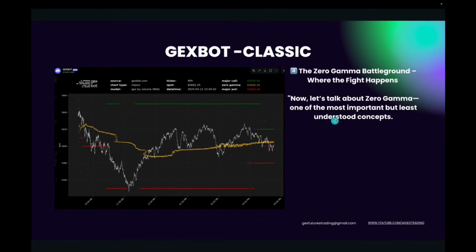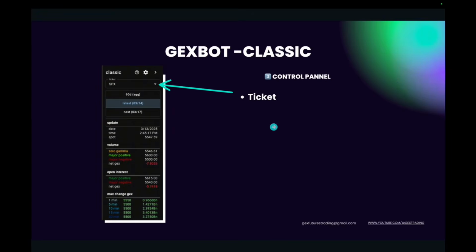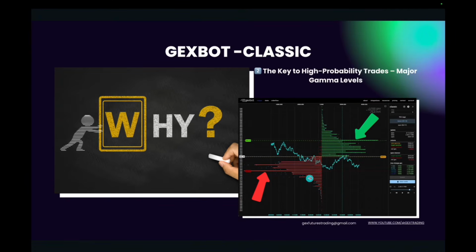Now, as I said before, let's talk about the zero gamma battleground. This is where the fight happens, and I'm always aware of this zero gamma. This is one of the most important but less understood concepts. So what's the zero gamma? If you look at the profile, you see two curve profiles.